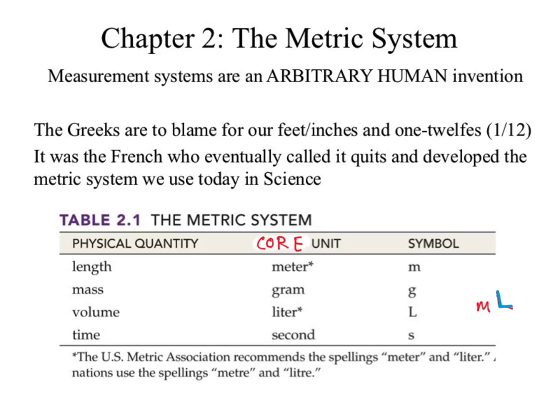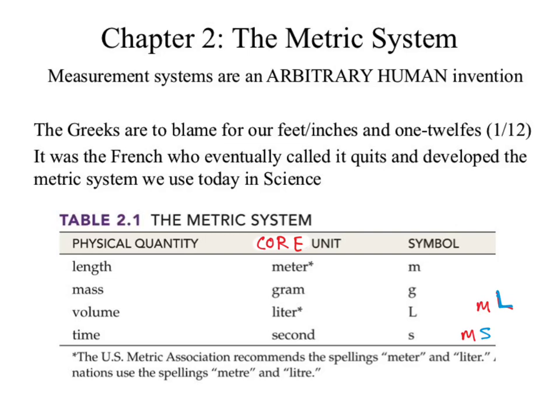What about time? For time, have you heard of milliseconds? What is our core unit? Seconds. What if you say hour? I was waiting for that one. When we look at length, mass, and volume, those are all done pretty consistently with this prefix system. Time is not one that has been used with the prefix system super effectively.